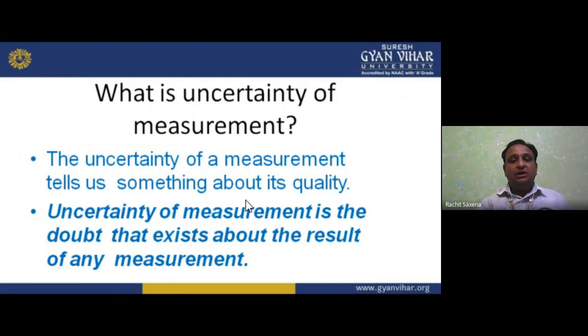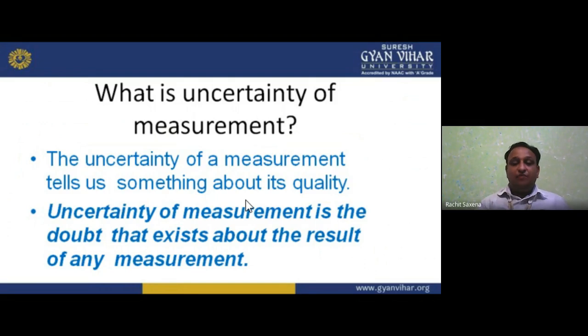The uncertainty of a measurement tells us something about its quality. Uncertainty of measurement is the doubt that exists about the result of any measurement.